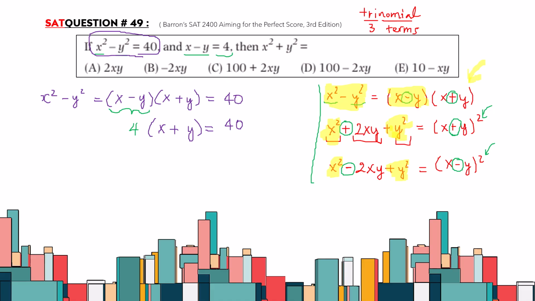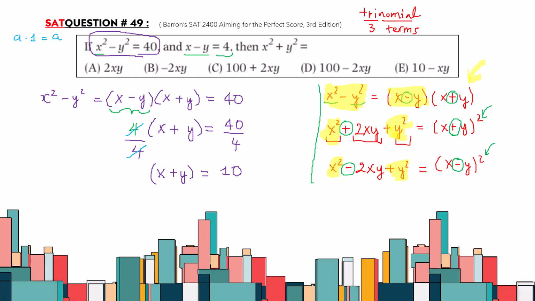Now if we divide both sides by 4, we can find out x plus y equals 10, because 4 divided by 4 is 1, times anything is just that thing. Just one more review: a times 1, or 1 times a, is just a.